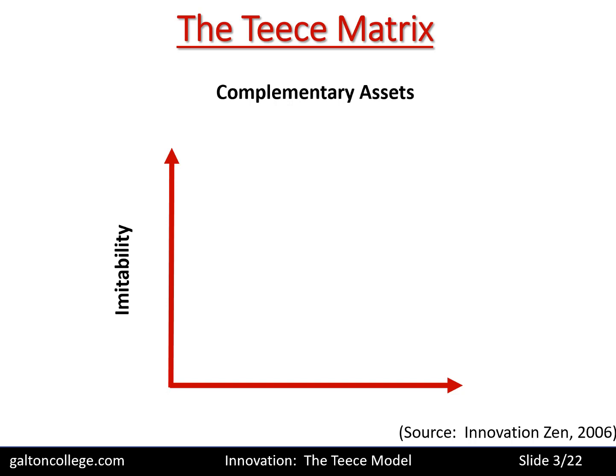It's got complementary assets on the horizontal axis and imitability on the vertical axis. Imitability means, can the product be imitated? Can it be copied? And the further up the axis we go, the easier it is to imitate the particular product or service.